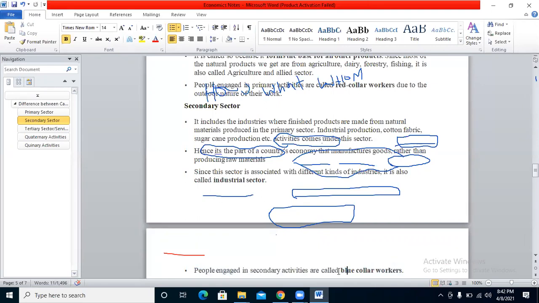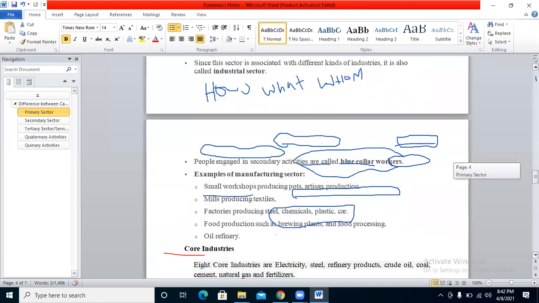Sometimes a question is asked about blue collar workers, with options for matching. Red collar is equal to agriculture, blue collar is equal to manufacturing or the secondary sector, and white collar is the service sector.